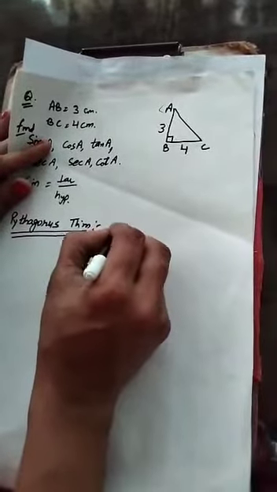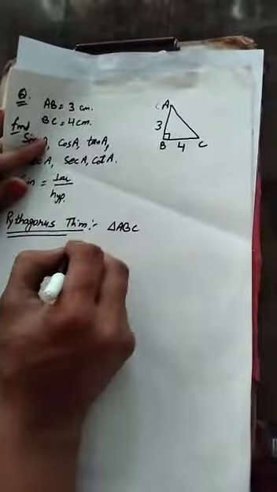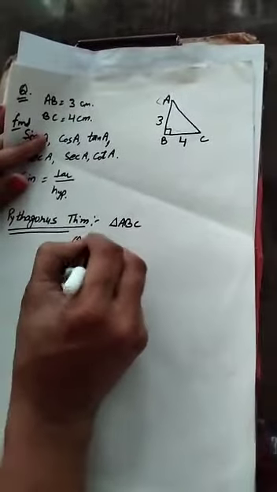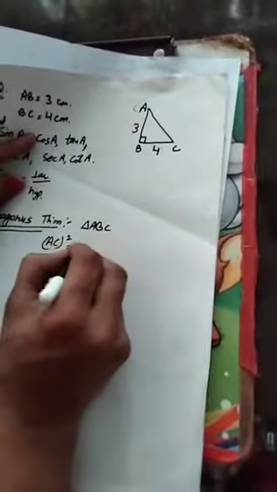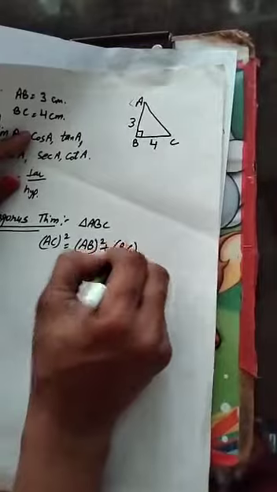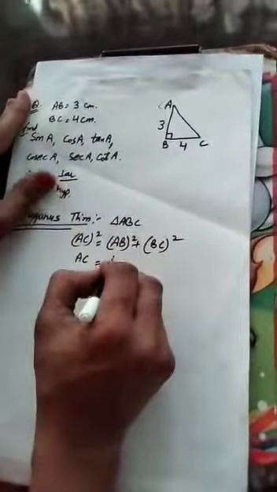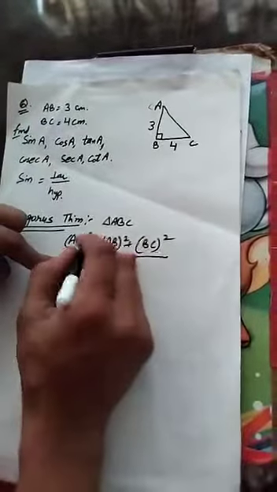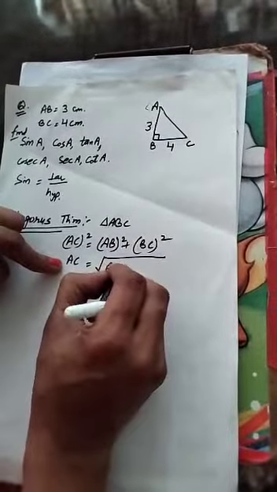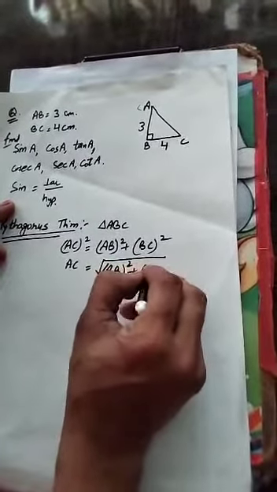In triangle ABC, hypotenuse is AC. AC square is equal to AB square plus BC square. Or we take the square root on the other side, cancelling the square on this side: AC equals the square root of AB square plus BC square.